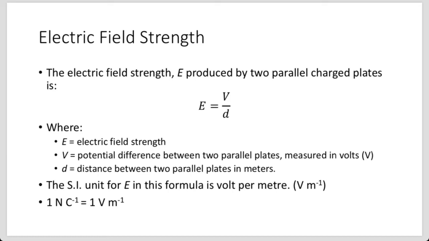Electric field strength produced by 2 parallel charged plates. Okay, so I'll have to explain this a bit. If you have your textbooks, you can see what I'm talking about. But if you don't, then let me just quickly draw a picture for you.